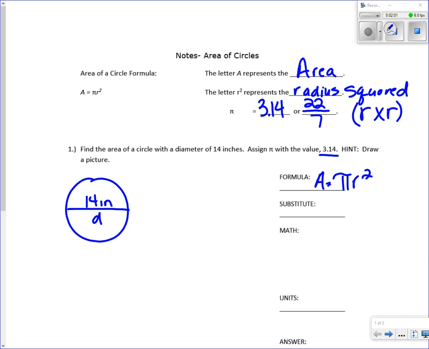When we talked about circumference, I told you that radius was half the diameter. So radius is 14 divided by 2, which is 7. When I substitute in, area equals 3.14 times 7 squared.